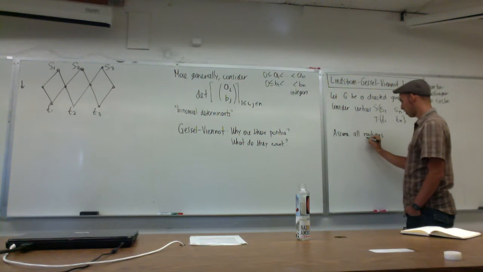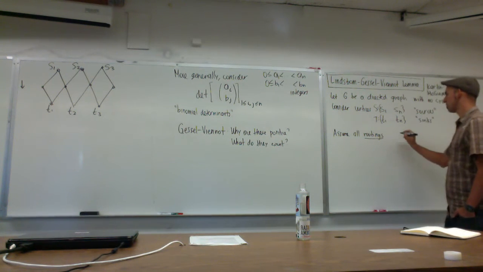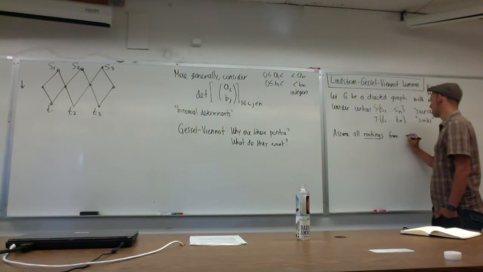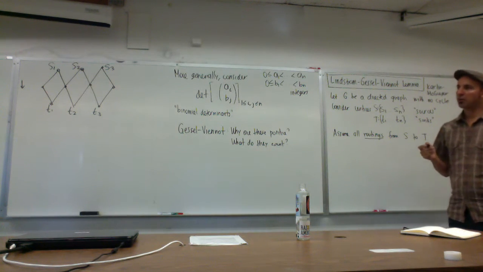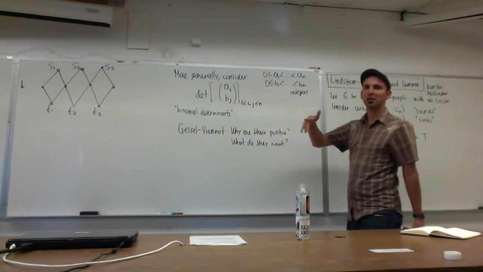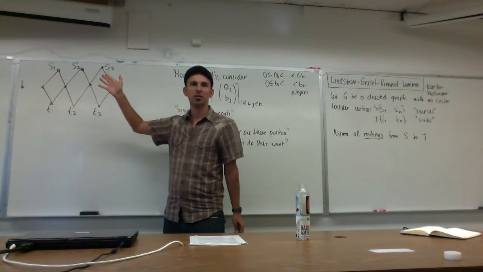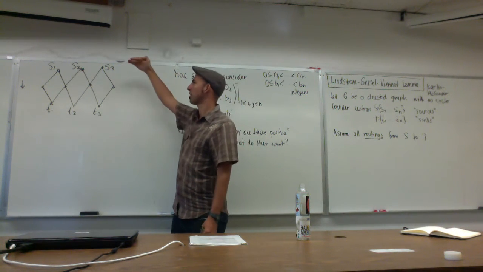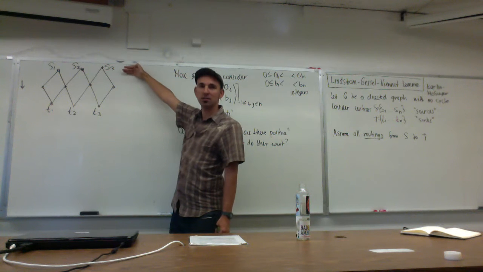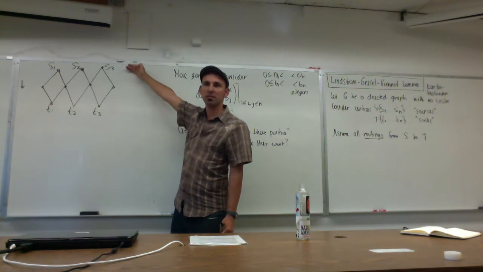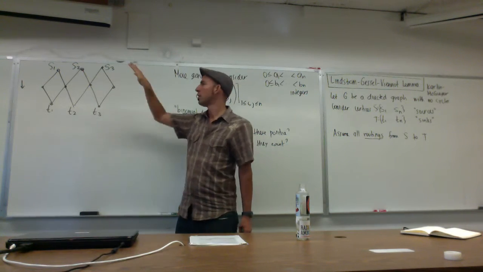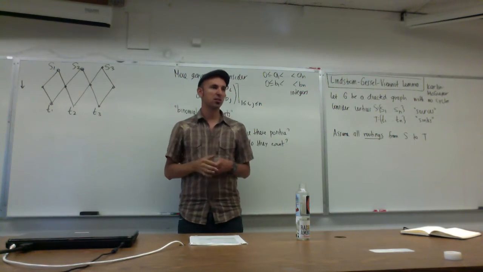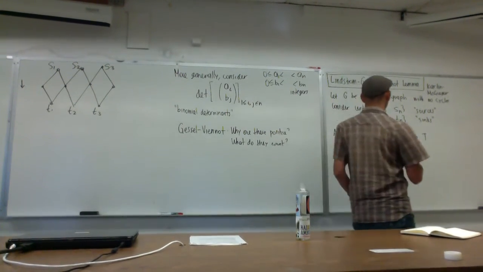Now, let's consider the routings from S to T. And what's a routing? A routing is a way of choosing paths from the vertices in S to the vertices in T. Okay, a routing is choosing routes from S to T, and these routes should not intersect. Okay.